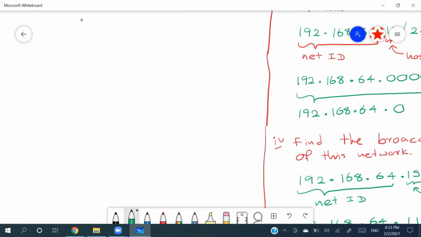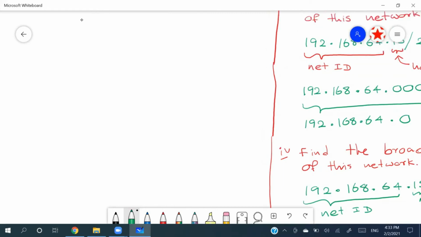The fifth equation, or the fifth concept, is called the IP range, right? Finding the IP range is quite easy. To find the IP range, we need the network address and the broadcast address.